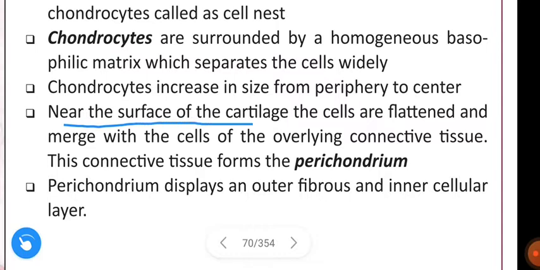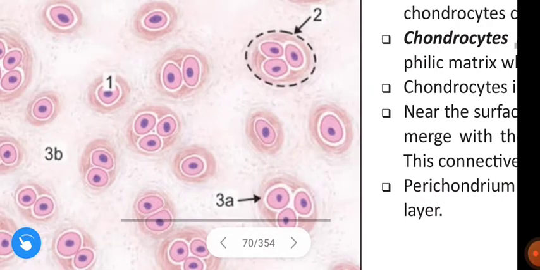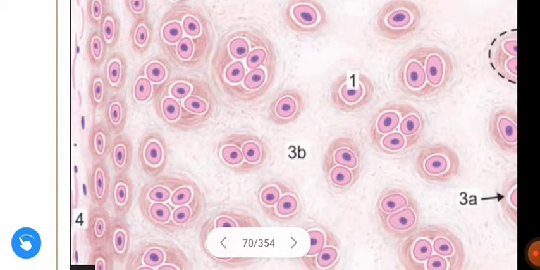Next, near the surface of the cartilage, the cells are flattened and merge with the cells of the overlying connective tissue. This connective tissue forms the perichondrium. See here, these are flattened cells.